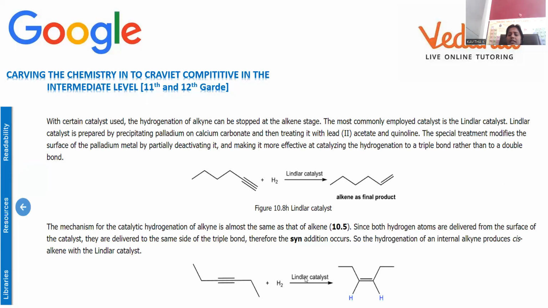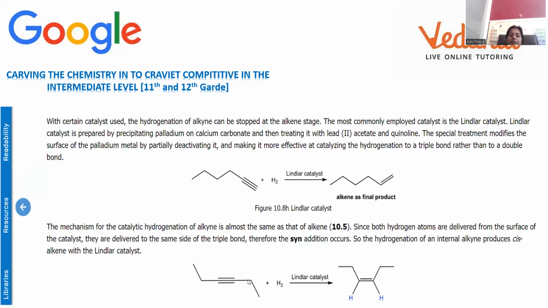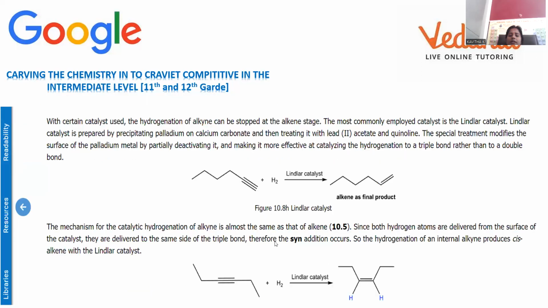Cis formation is the Lindlar, trans formation is the Birch reduction. This is the way we can differentiate both the reducing agents. Both have the same activity, triple bond to double bond only, but the double bond formed is trans with sodium in liquid ammonia and cis with the Lindlar catalyst. That distinction we have to notice.